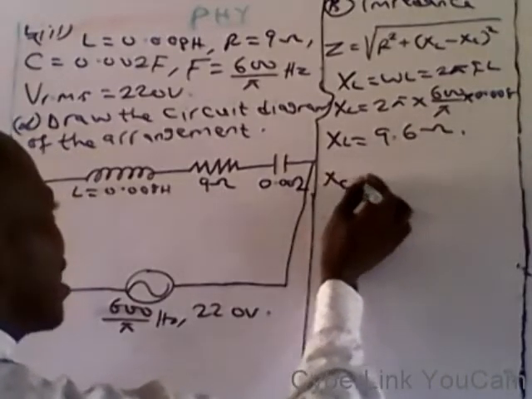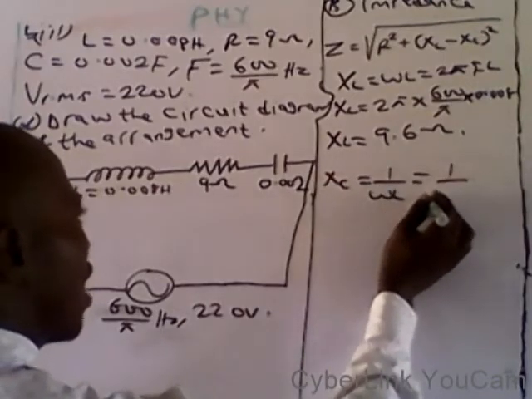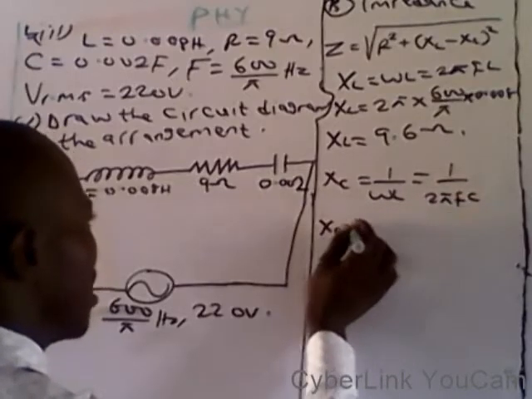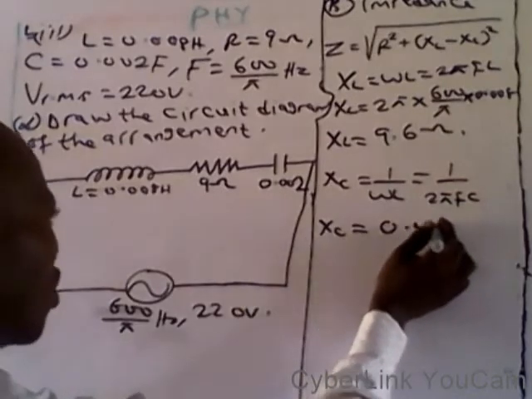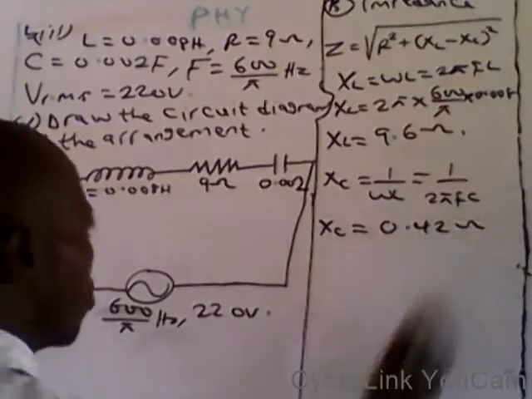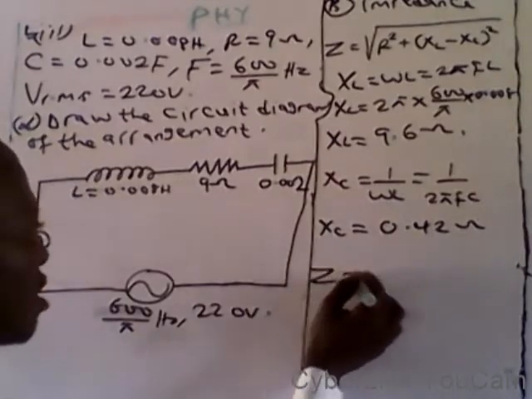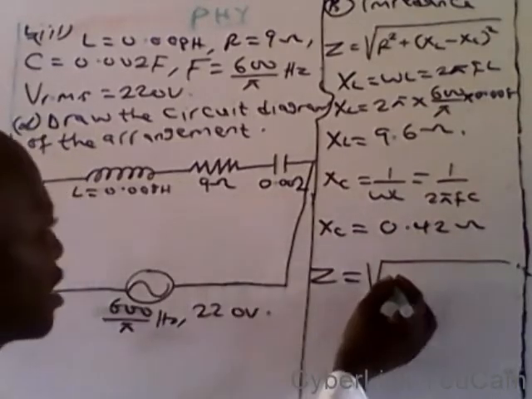Then XC is 1 over omega C, that is 1 over 2 pi FC. So in this case, if you substitute for that, we are going to have our XC to be 0.42 ohms.